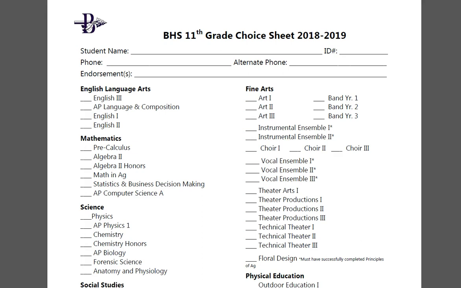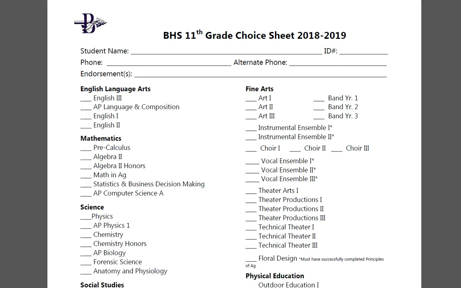Under the math, it really depends on what math class they're coming out of. Their sophomore year, they should either be finishing up geometry or Algebra 2. If you're finishing up geometry, you will go into Algebra 2. So you will select either Algebra 2 or Algebra 2 Honors. Algebra 2 Honors is the weighted course. That will give you that 7-point scale.